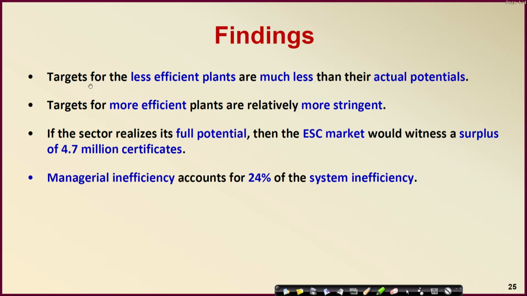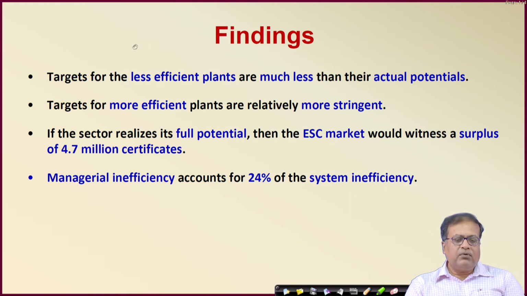The findings are that targets for the less efficient plants are much less than their actual potentials, right. Targets for more efficient plants are relatively more stringent, all right. If the sector realizes its full potential, then the ESC market would witness a surplus of 4.7 million certificates. Managerial inefficiency accounts for 4% of the system inefficiency.